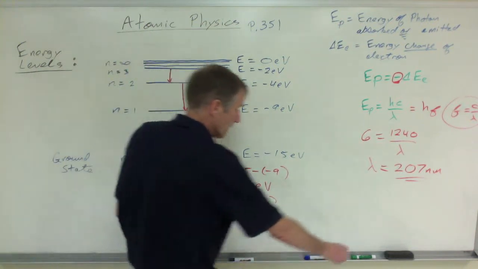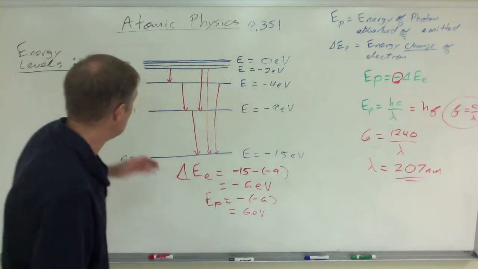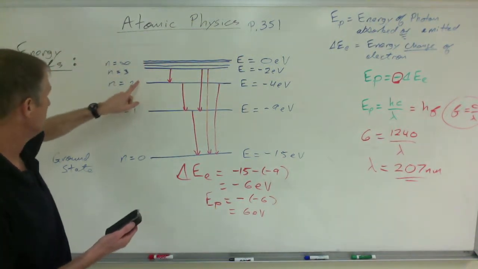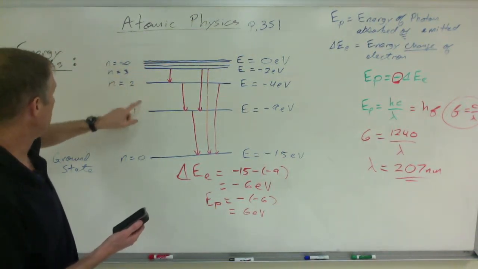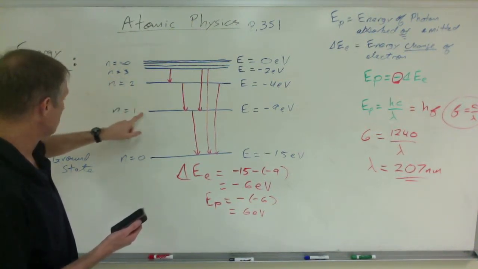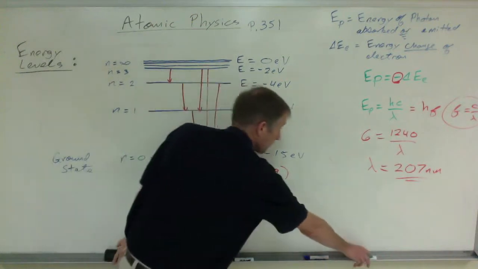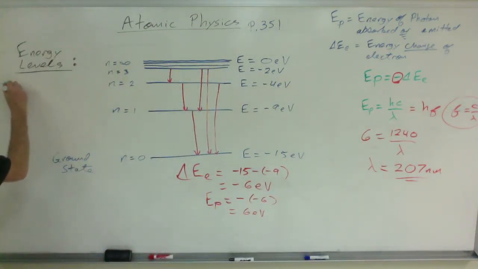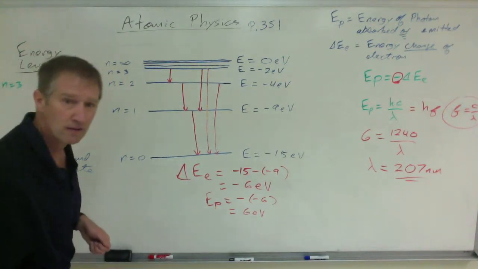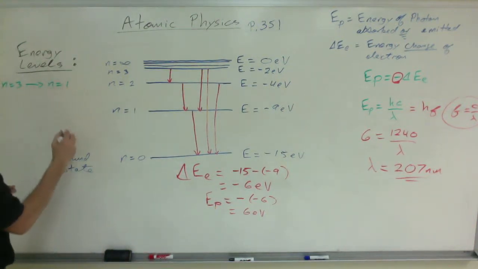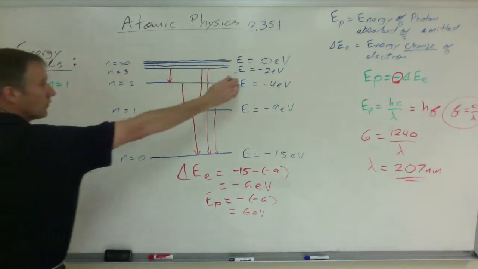Let's just look at one more. So let's say we're talking about, I don't know, from 3 down to 1. So if an electron goes from n equal to 3 down to n equal to 1, it's just going to go through the exact same process. From n equal to 3 down to n equal to 1. Well, at n equal to 3, it's at negative 2.